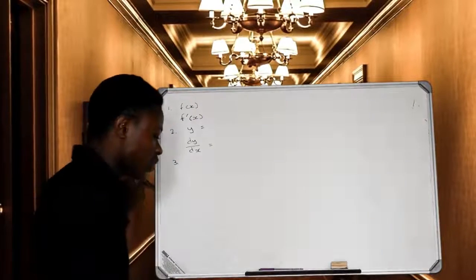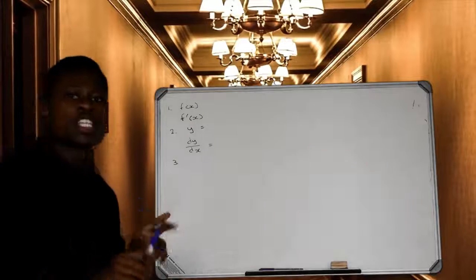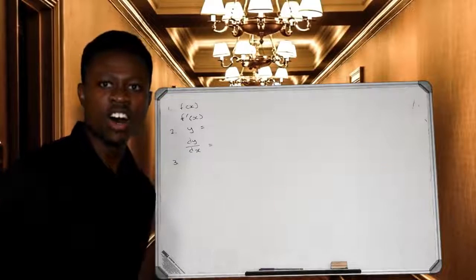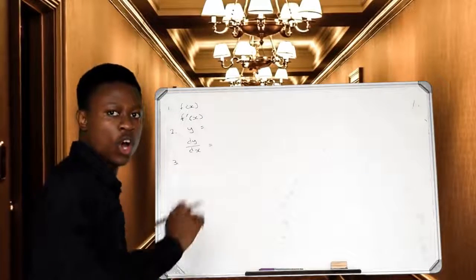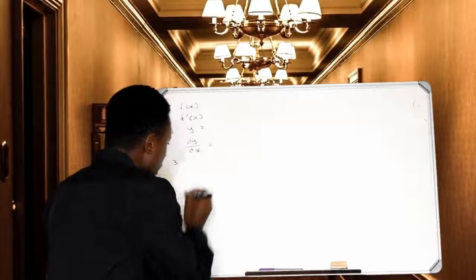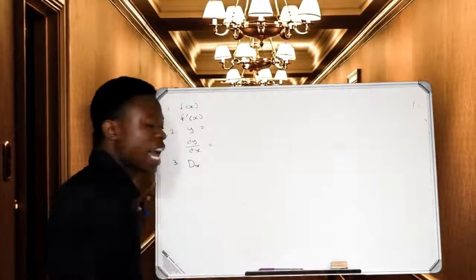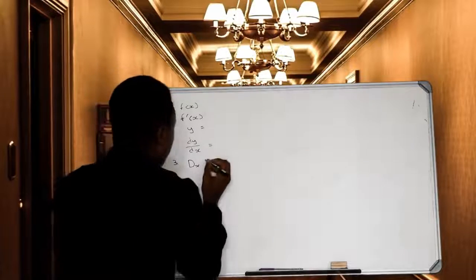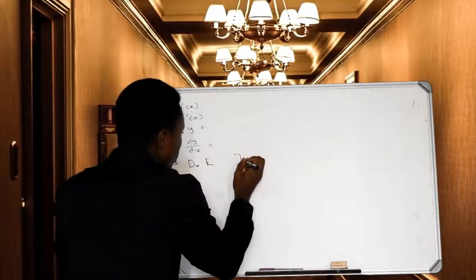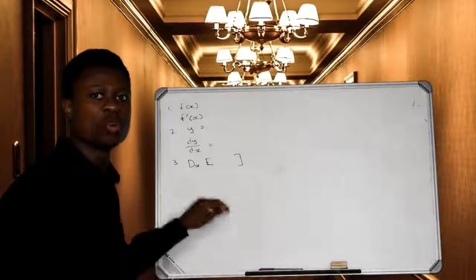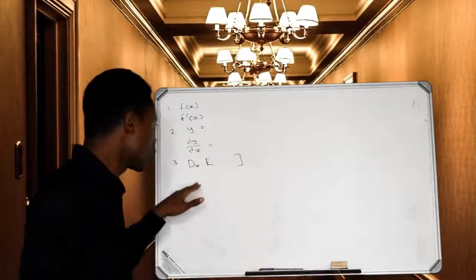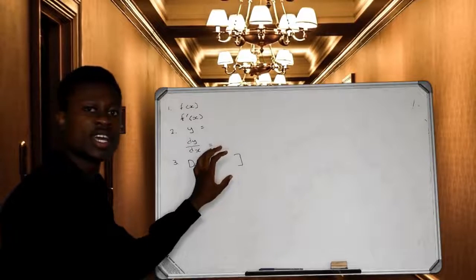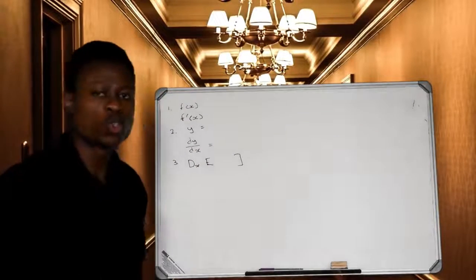Now that's number 2. Number 3 looks a little bit complex, but it really isn't. It's just a different way of showing it, which still gives you the same result. It's given as capital D of x is equal to, and then in brackets, the function. They'll write D of x, write the function on the inside, and then expect you to know what to do from there.